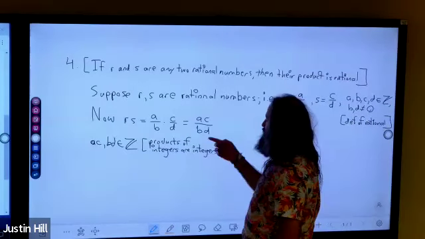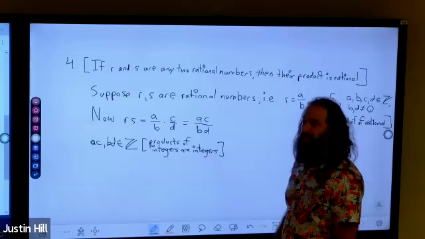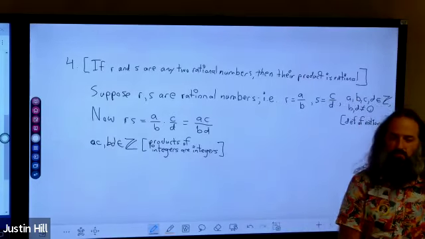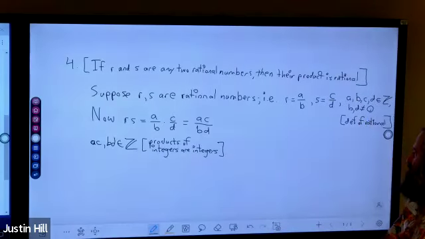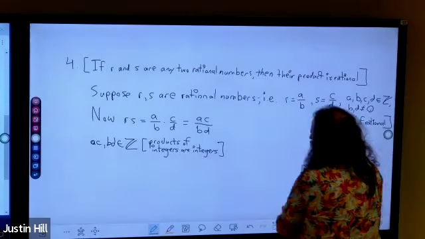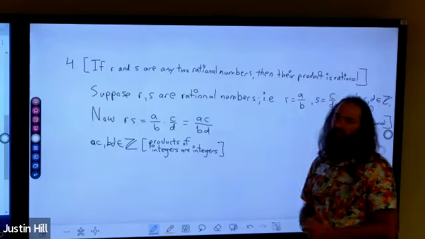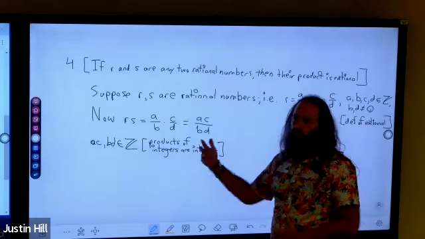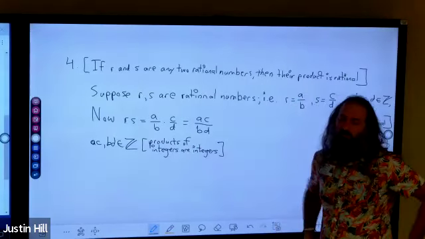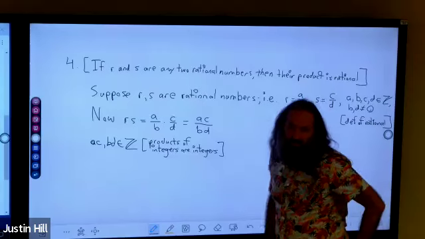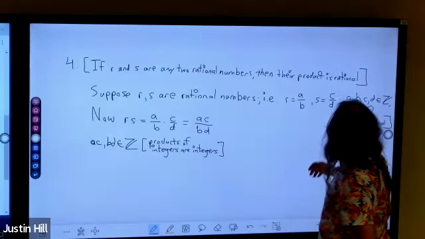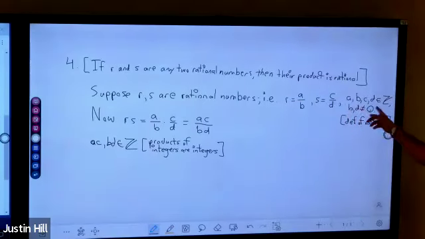And then I also need to show that the bottom doesn't equal 0. And how do I know that the product BD doesn't equal 0? Good, so here's where one of our assumptions that we need to use often in proofs like this, anything with rational numbers, comes in: we know to begin with that B and D don't equal 0.